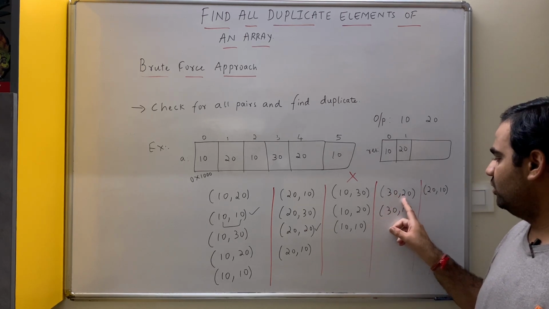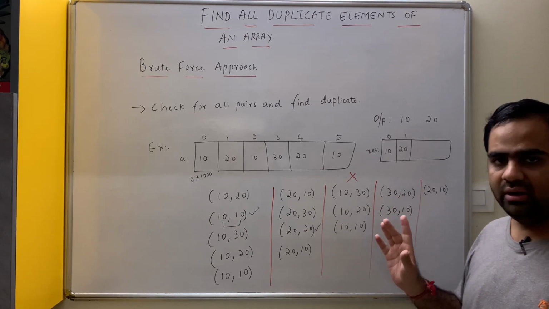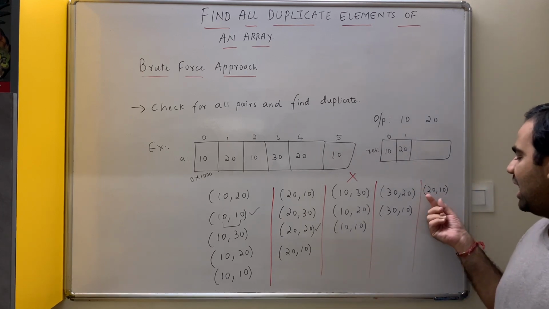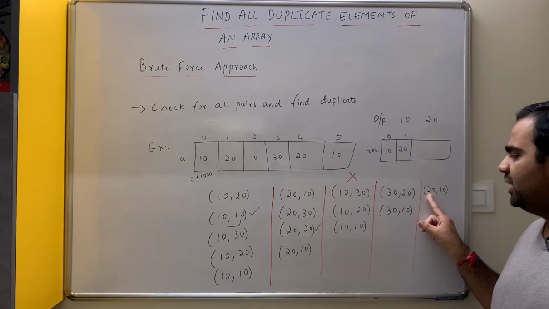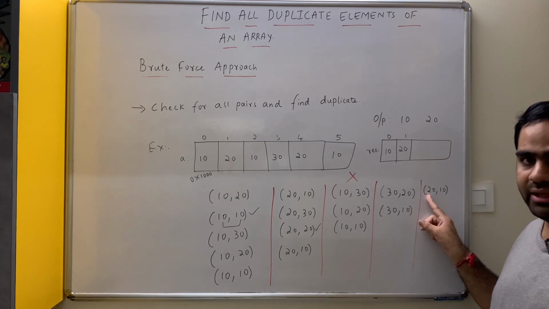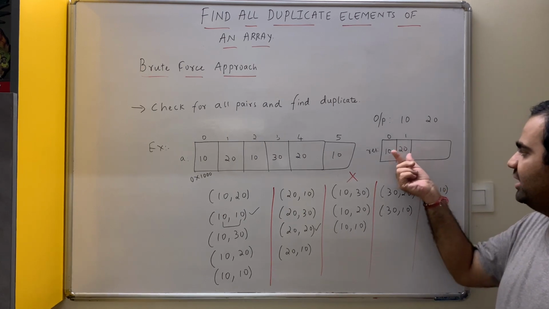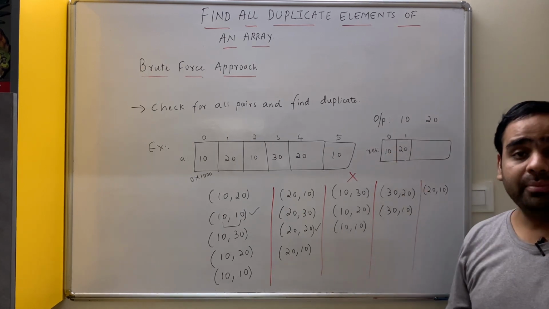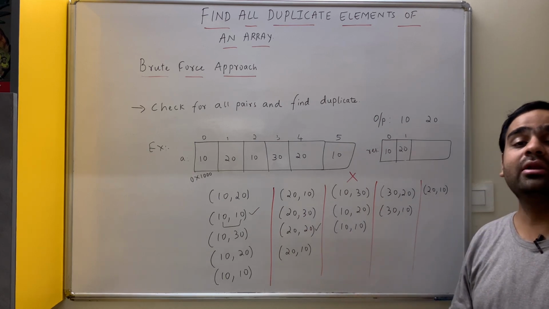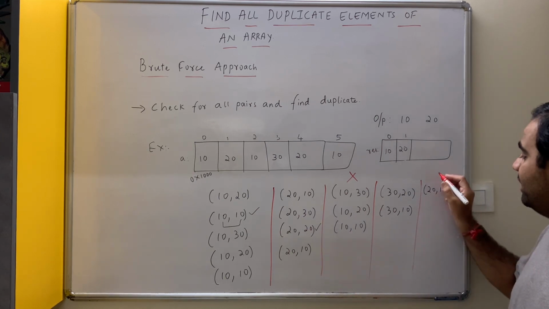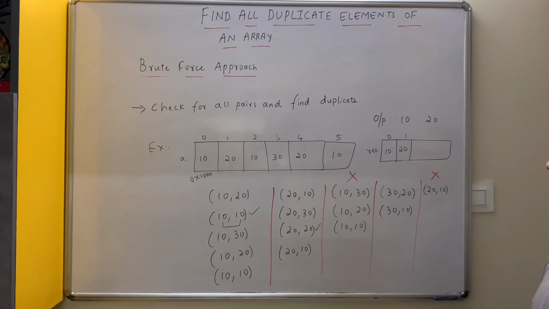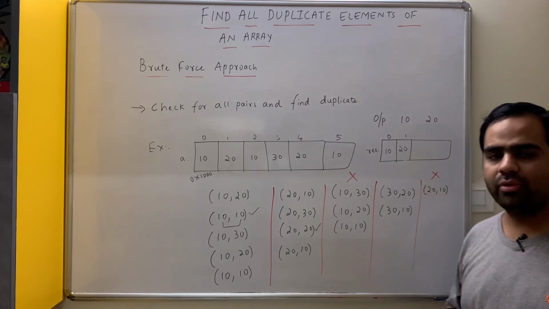Is 30 equal to 20? No. Is 30 equal to 10? No. Now I have to find all the duplicate elements with respect to 20. Is 20 there in the resultant array? Yes, that means 20 is already reported as a duplicate element, therefore you need not search with respect to 20.